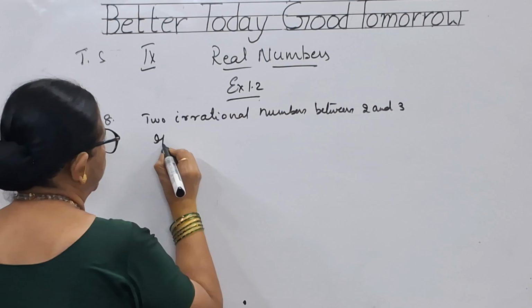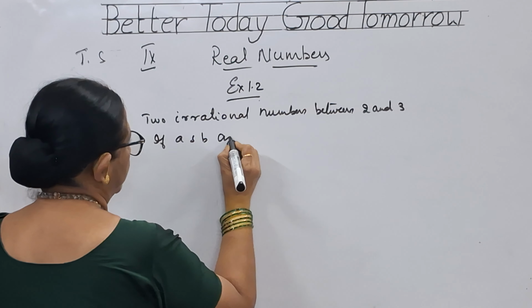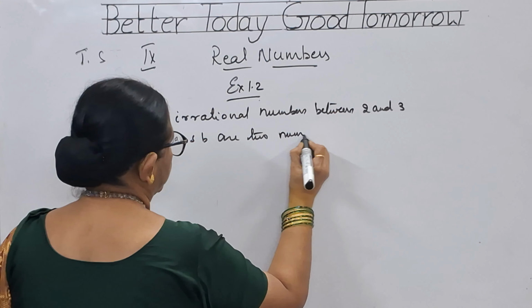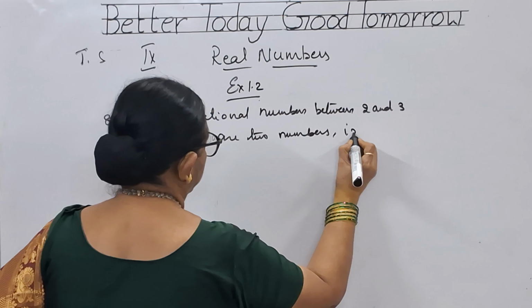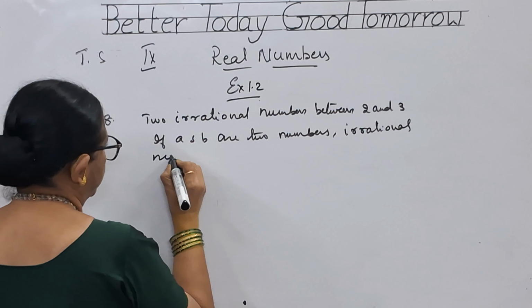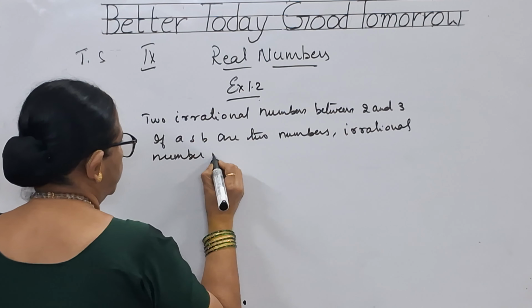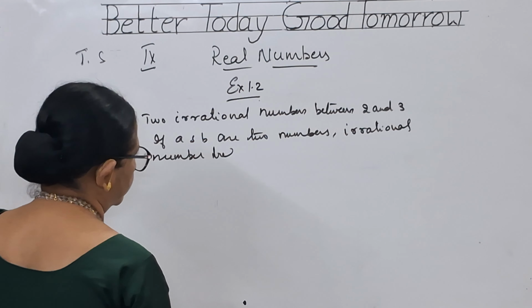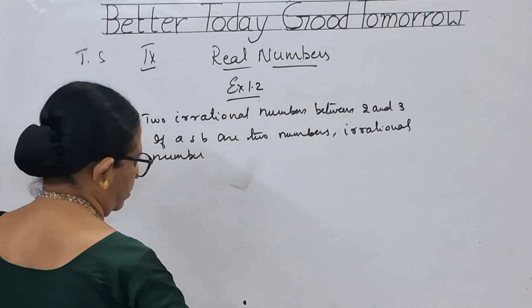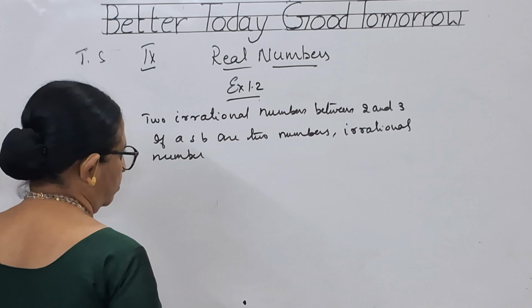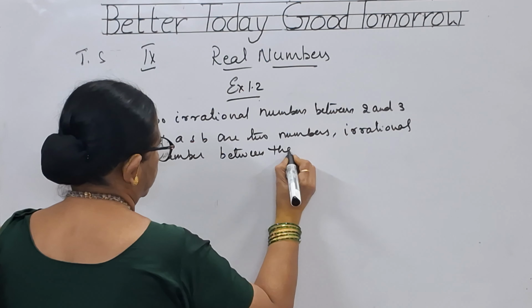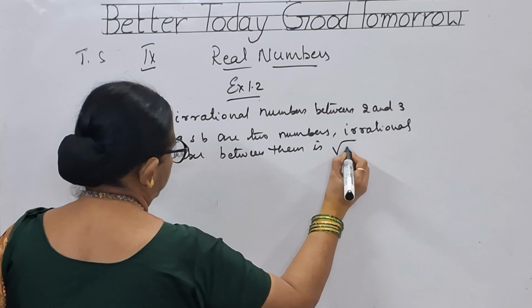So we know that if A and B are two numbers, irrational number between them is root AB.